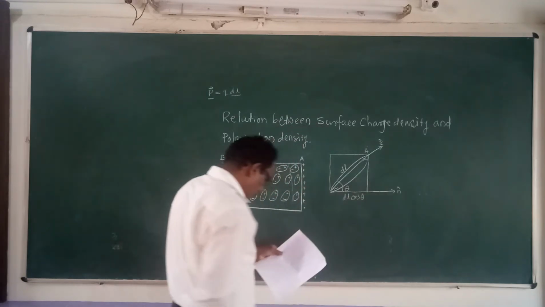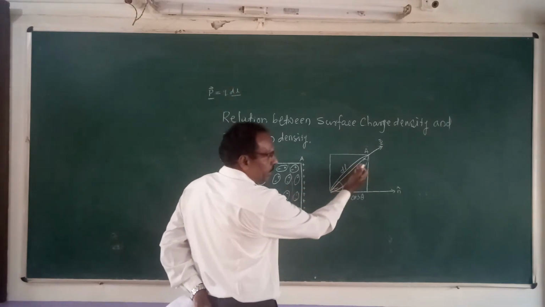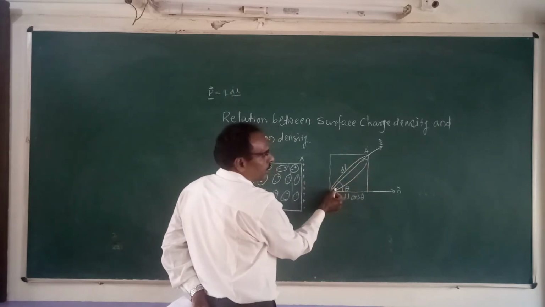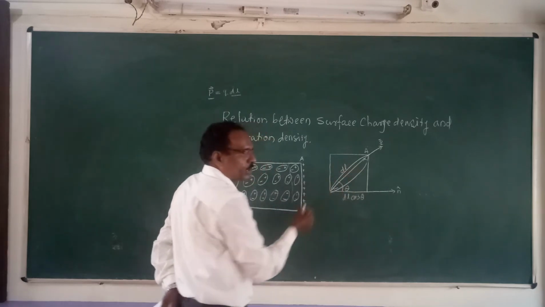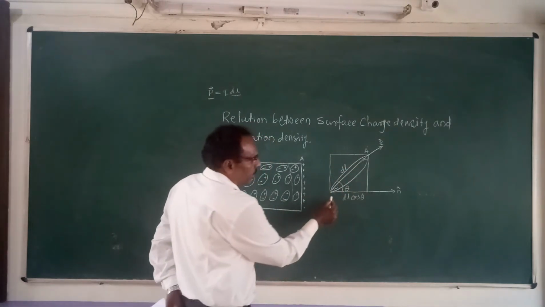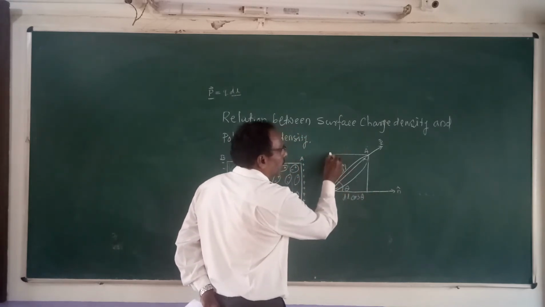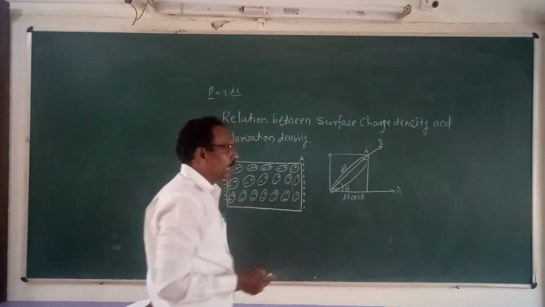This is what we get when we magnify it, when we take an individual molecule, a dipole moment constituting a negative charge with a positive charge and the distance between them. So dl cos theta is acting along this direction. One more component of this vector P will be along this direction.